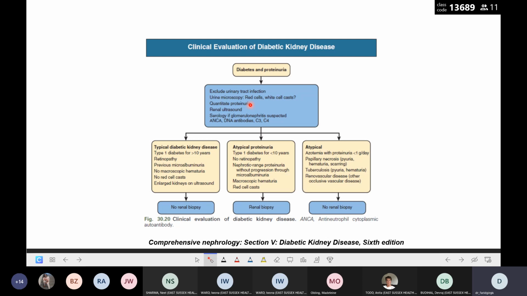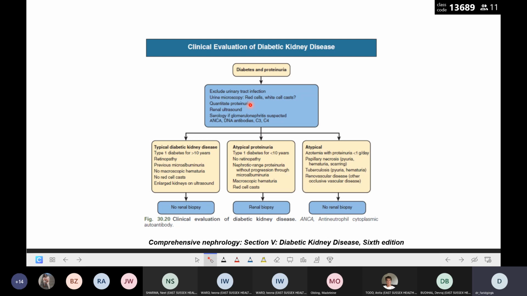There is an important point I want to mention here, that our urine dipstick usually checks from 300 milligram protein loss. So when you dipstick the urine in a patient with microalbuminuria who is less than 300 milligram, it will be negative, despite the patient having proteinuria. And this is the reason why in diabetic patients, usually we check urine albumin creatinine ratio, urine ACR, okay, to get the microalbuminuria diagnosis.